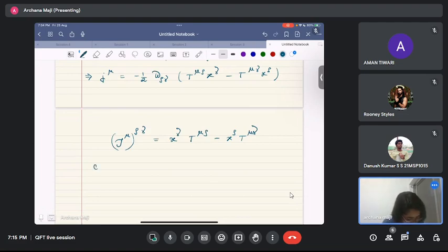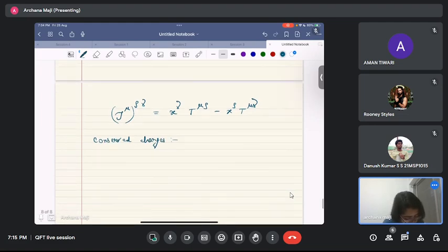So the conserved charge is the integral of d3x J0, let's say when rho and nu both are i and j.